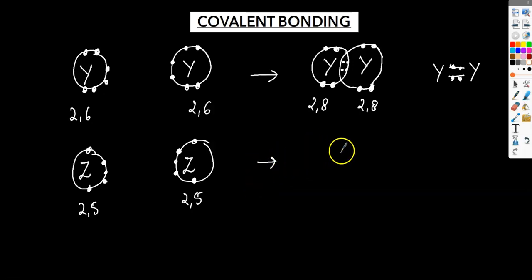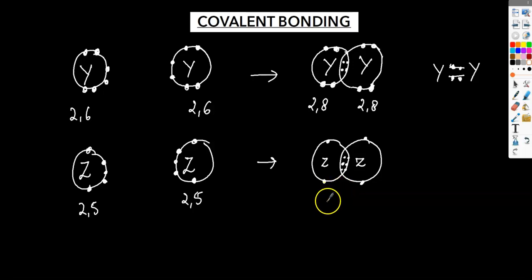So what will happen is you may see 3 shared pairs, and the 2 remaining electrons stay unshared.